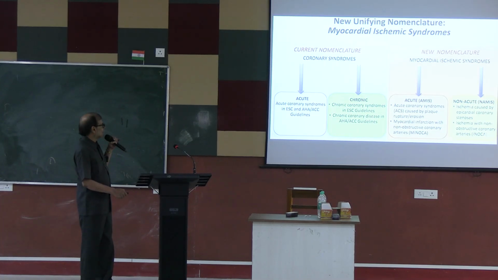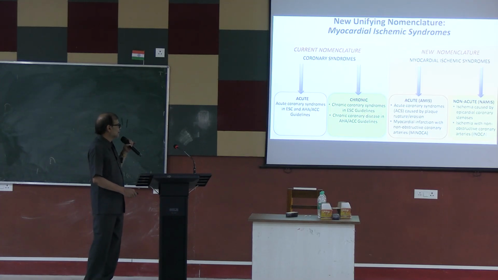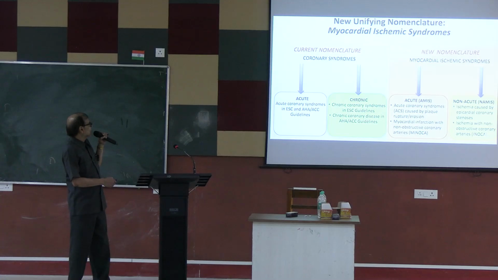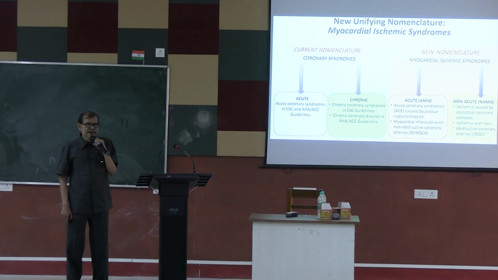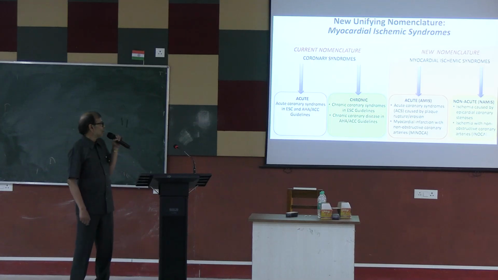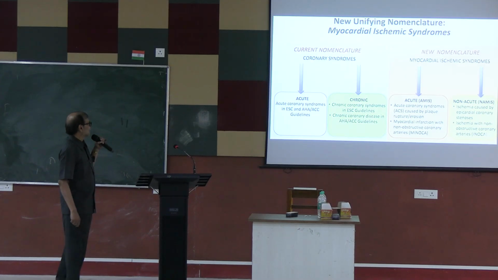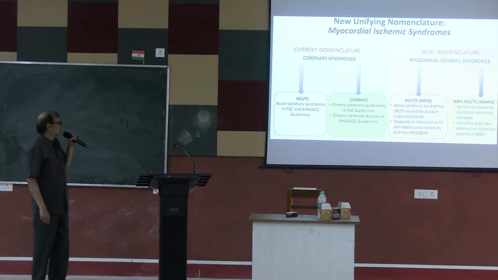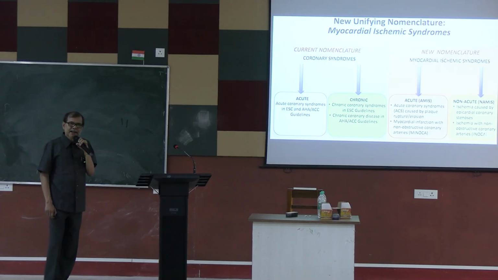Second is non-acute ischemia caused by epicardial coronary stenosis or ischemia with non-obstructive coronary pathology. So new nomenclature, myocardial ischemic syndrome, and current nomenclature is coronary syndrome, that is acute or chronic. Again, myocardial ischemic syndromes may be acute or chronic.